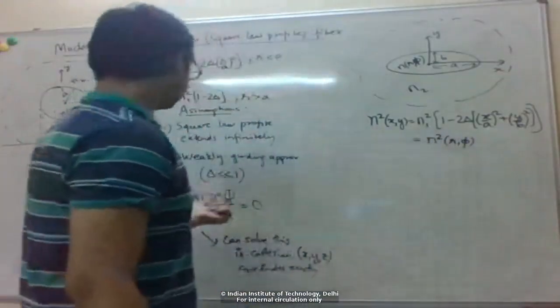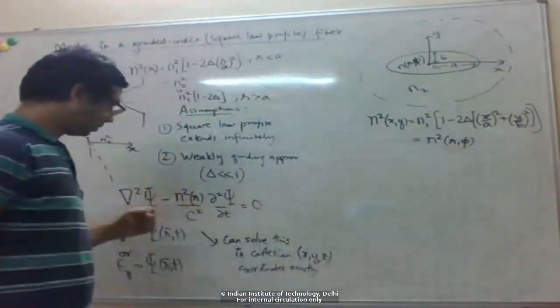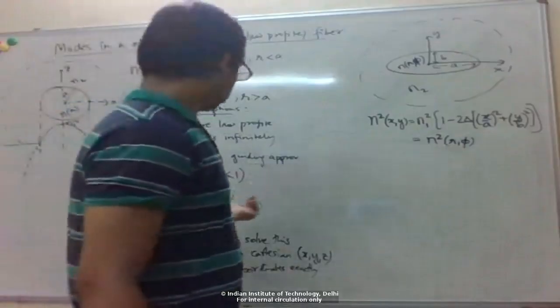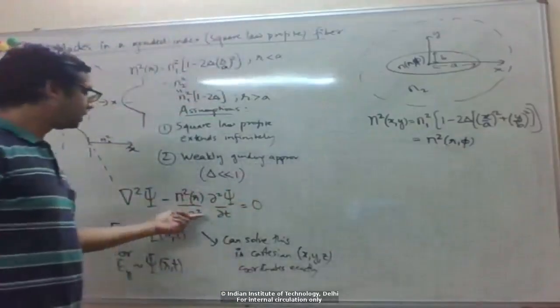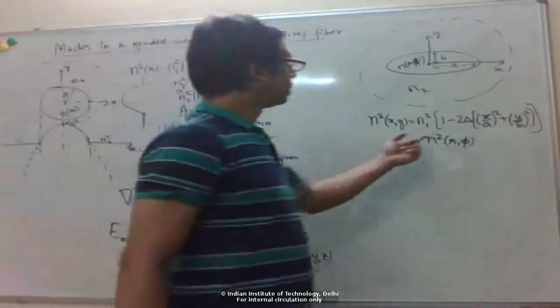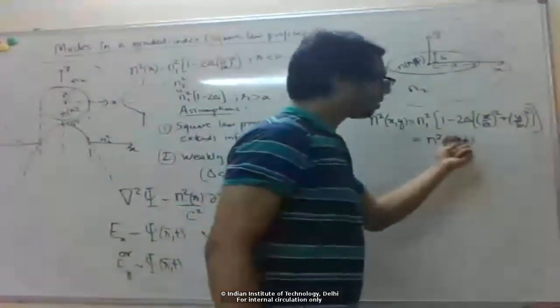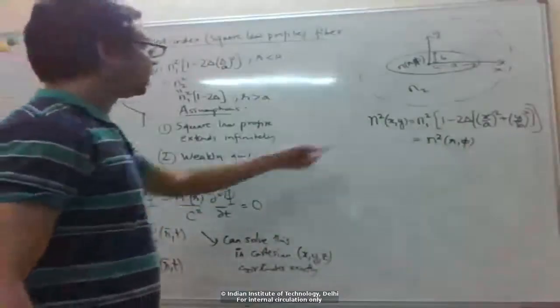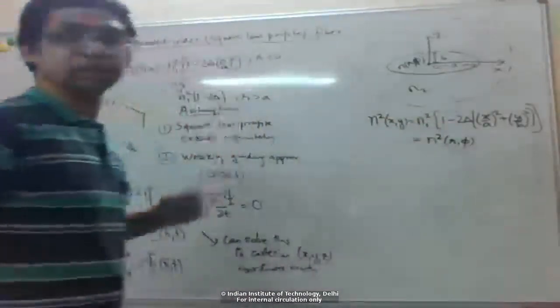If it was just a function of r, as we've seen, then you can still solve it in cylindrical coordinates. We'll see that later. But if you have a function of both r and phi, then it becomes difficult to solve in cylindrical coordinates. But we'll see that in the Cartesian coordinates we can solve it.